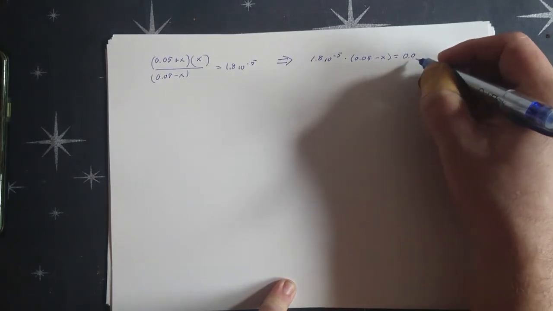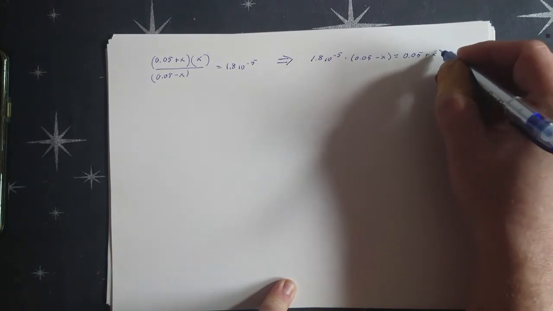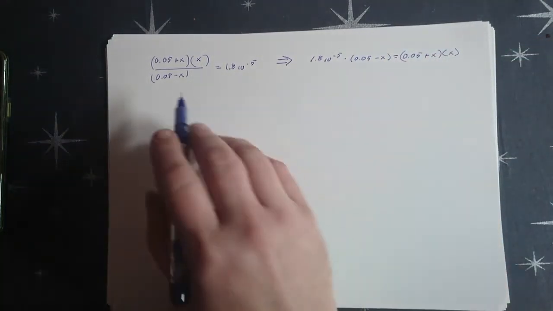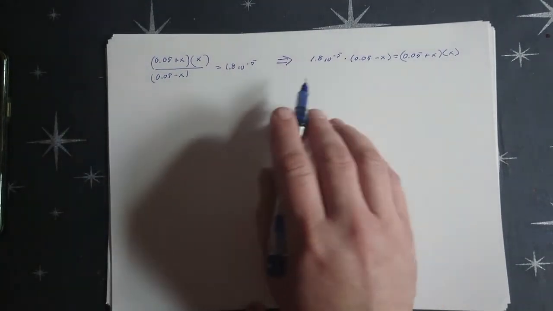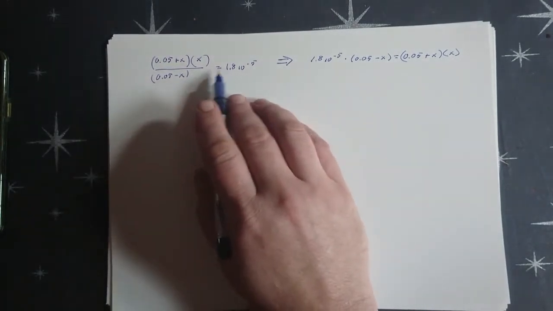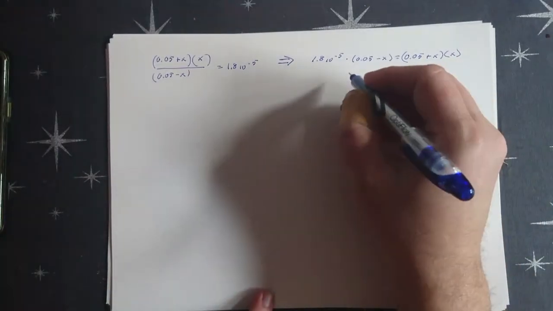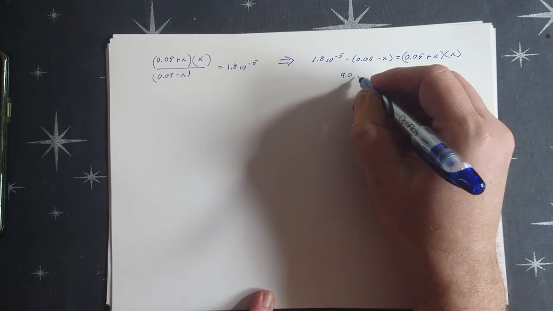So I'm just going to rewrite it. I'm going to move the 0.05 minus x up onto this side. I flipped it over. There we have it. We move this up, and it becomes this expression. And if we rewrite it then, and we do the math, we get something like this.